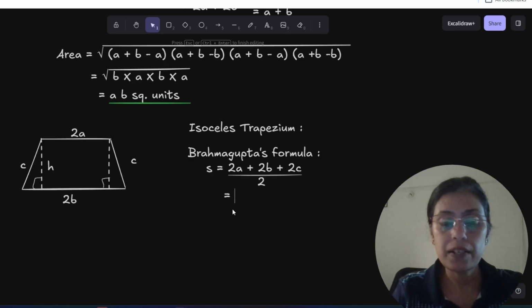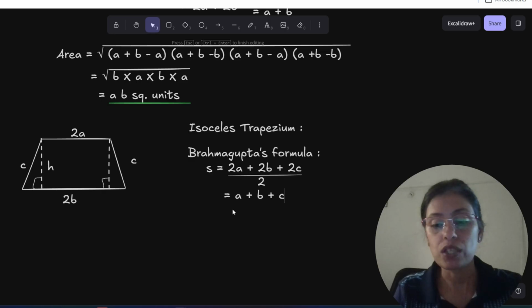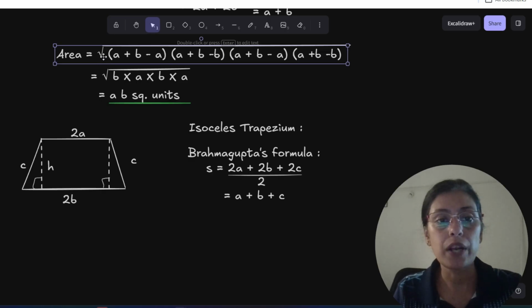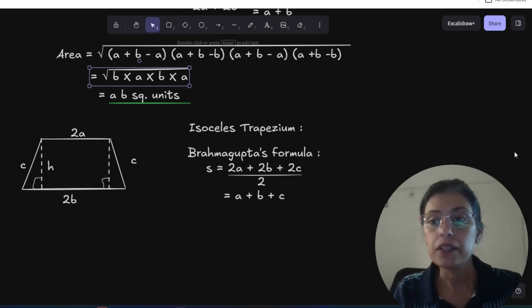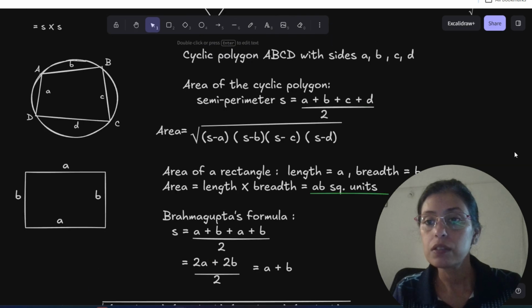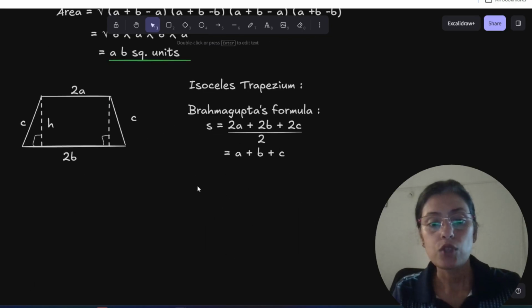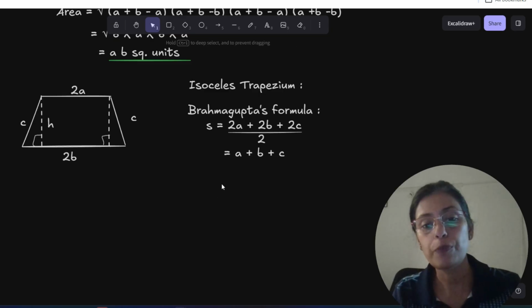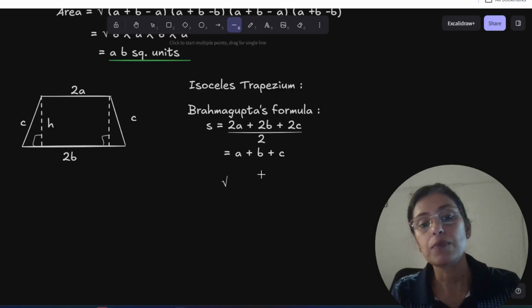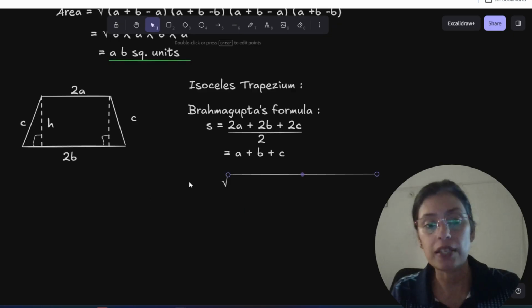So this makes it A plus B plus C. So this is the semi-perimeter. And then we go ahead with calculating the square root of S minus A, S minus B, S minus C, and S minus D, the four sides.